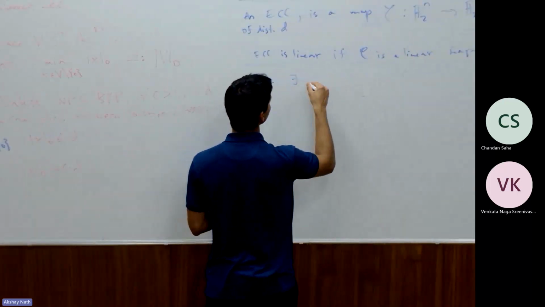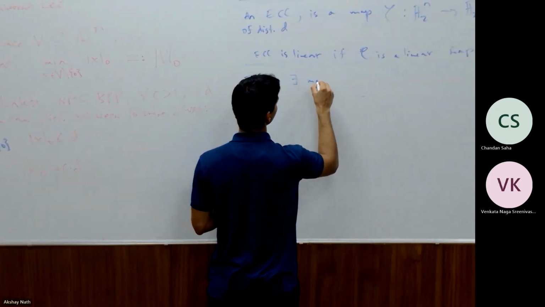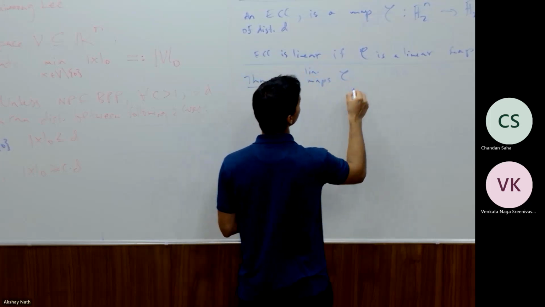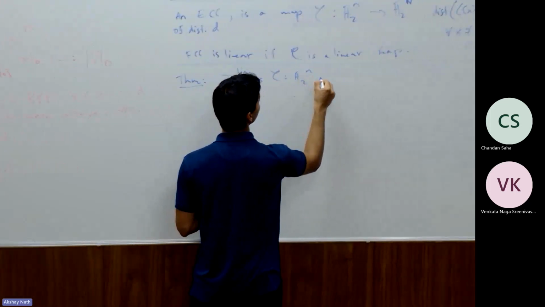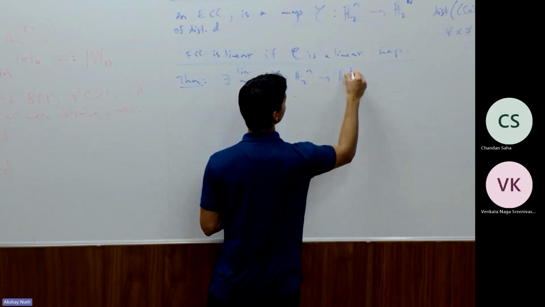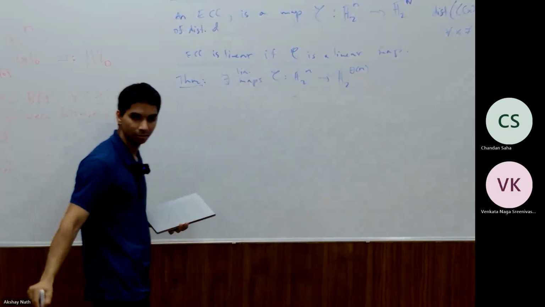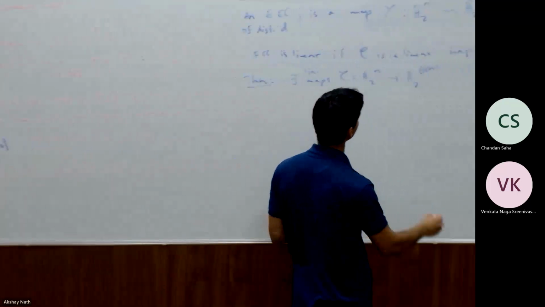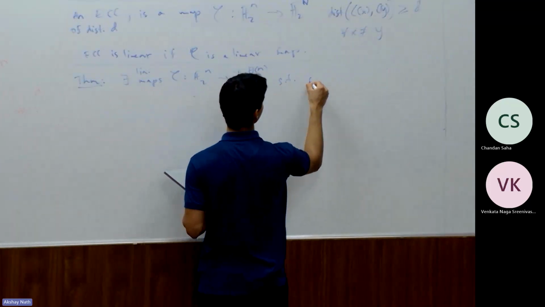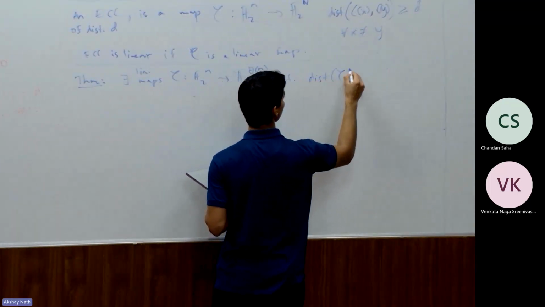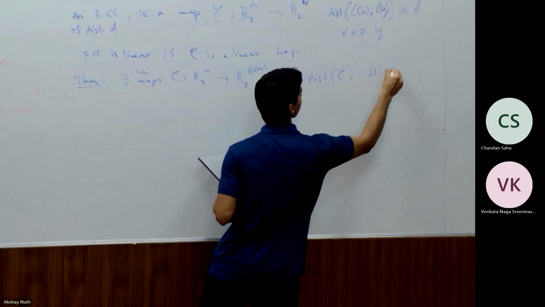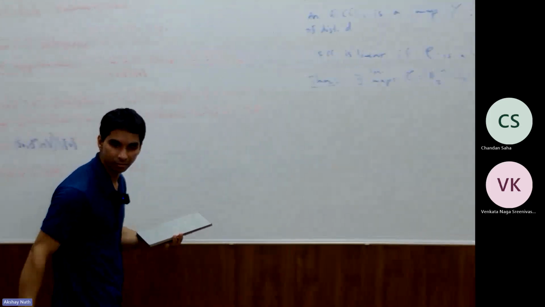There exist linear maps C mapping F2 to the little n to F2 to the theta n, so just a constant blow up in the dimension, such that the distance of the code is linear in the number of entries.